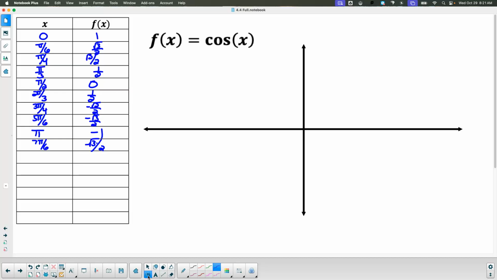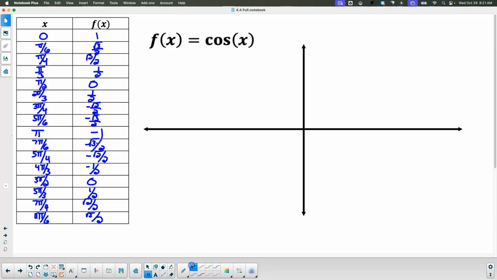7 pi over 6 was my next one. 5 pi over 4. 4 pi over 3. 3 pi over 2. 5 pi over 3. 7 pi over 4. 11 pi over 6.